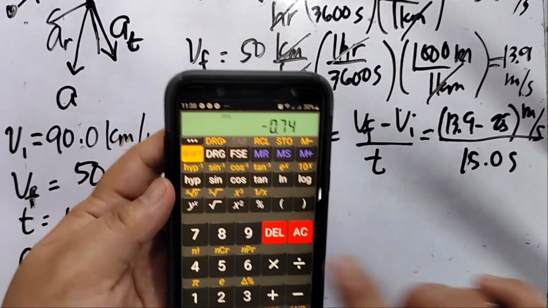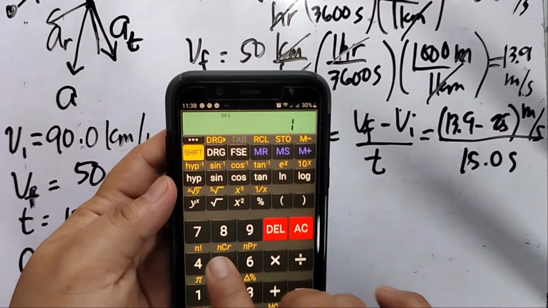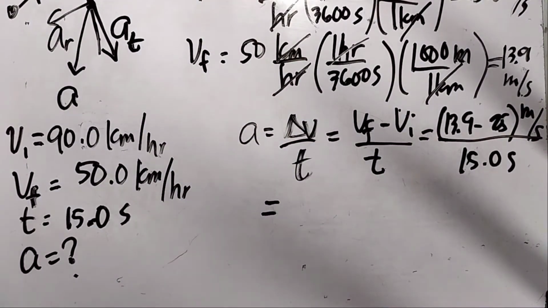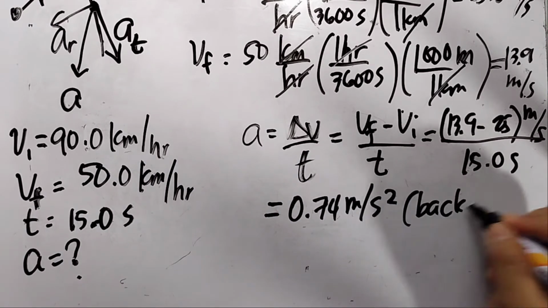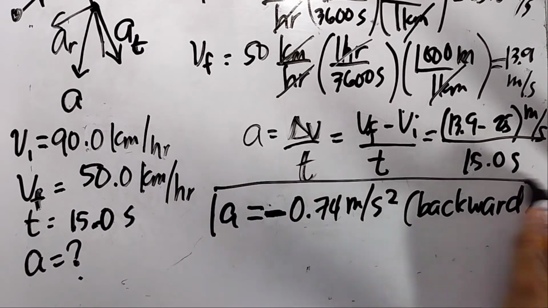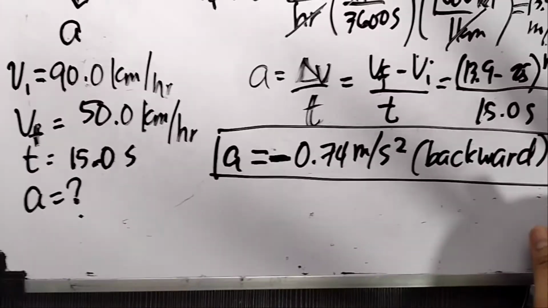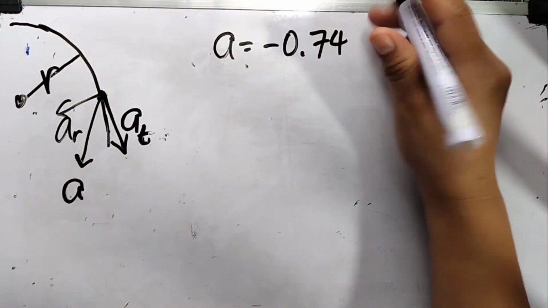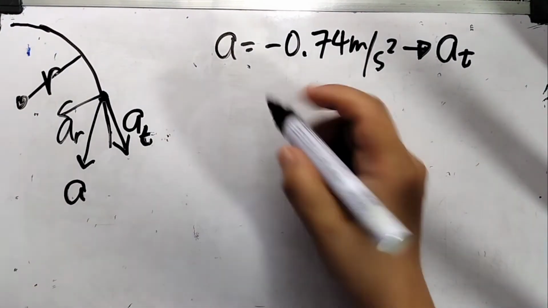So that is negative 0.74 meters per second squared. That is backward. So negative 0.74 meters per second squared is equal to your tangential acceleration.